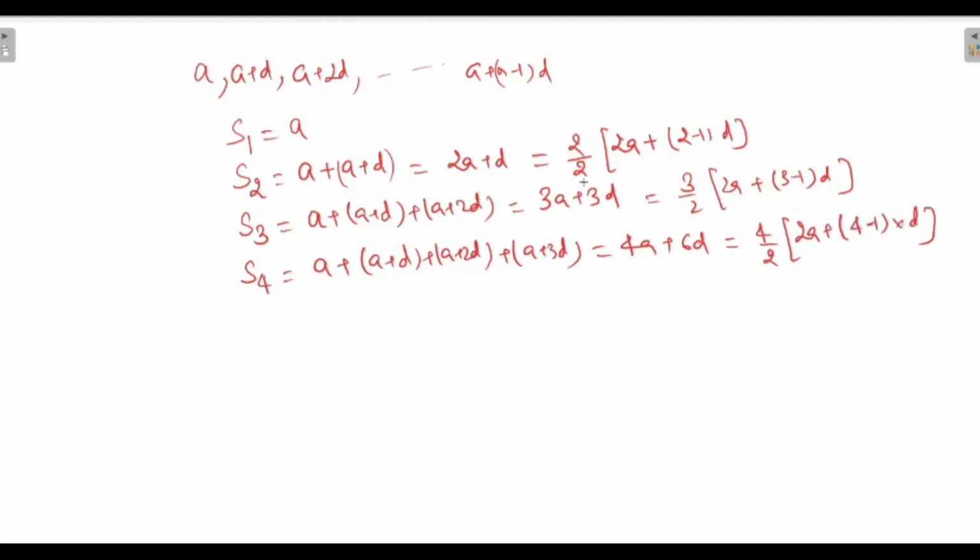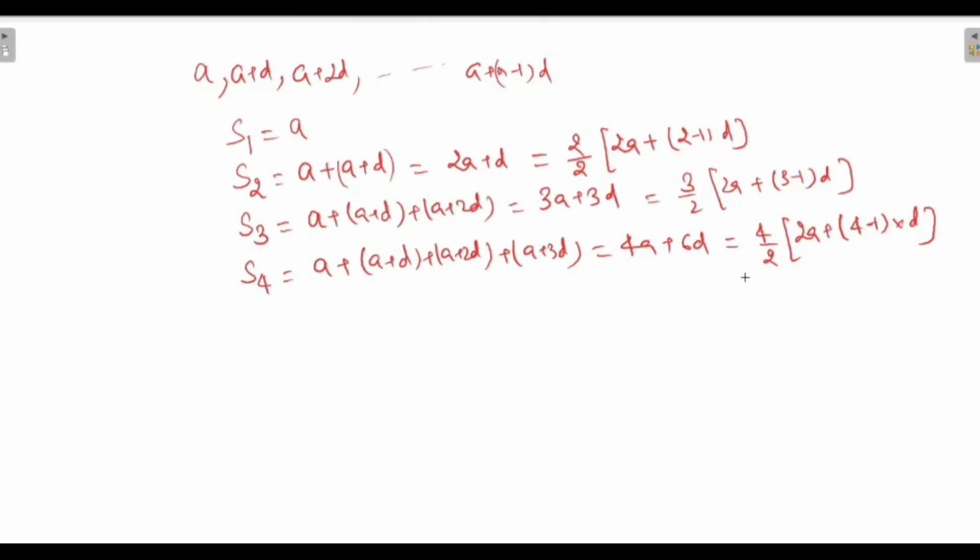As you can see, if I solve it, I can just remove 2 by 2 and it will be 2A plus d. Here, multiplying 3 by 2 into 2A, I'll get 3A, and this is 2 again, so I'll get 3A plus 3D. Solving this, 4 by 2 is 2, 2 into 2 is 4A, and then this is 3 here, so 2 into 3 is 6D.